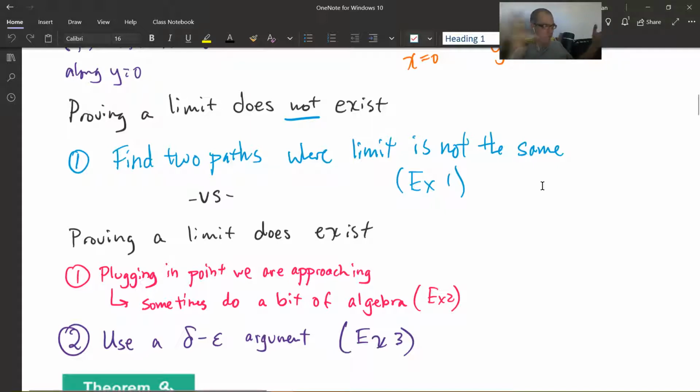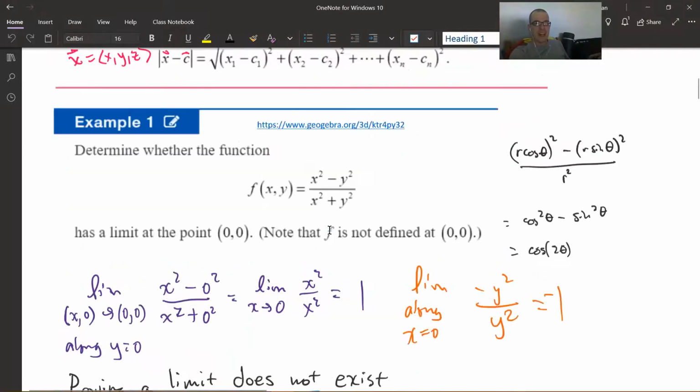But, for the sake of having a good overview of the different types of limit proof techniques, while that's the way to prove that a limit doesn't exist, proving that a limit does exist would, one, be plugging in the point we're approaching. If it's possible to take the limit as xy goes to 0, 0 of some kind of function, and everything just plugs in nicely and you get a value at the end, just like in calculus 1, that's fine.